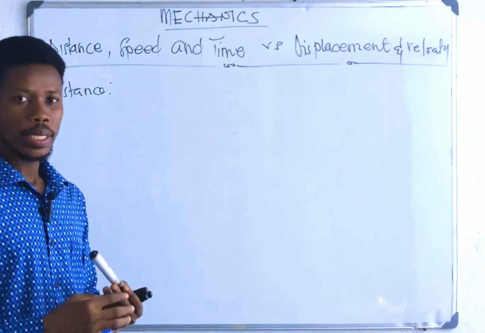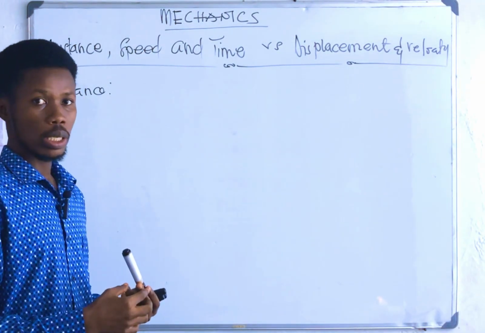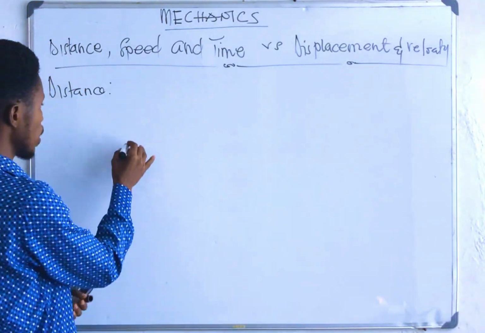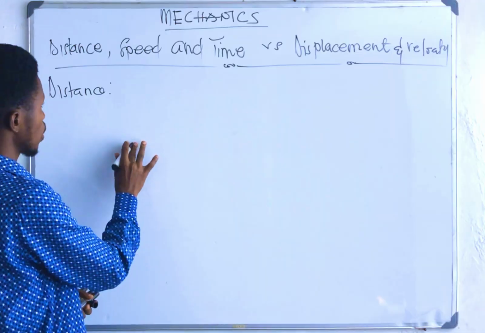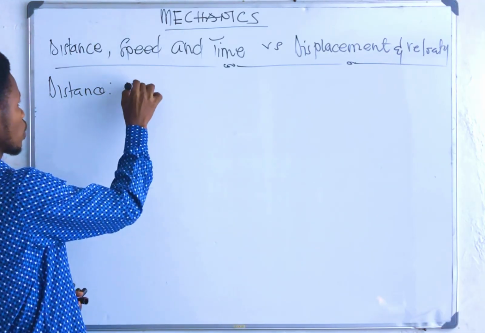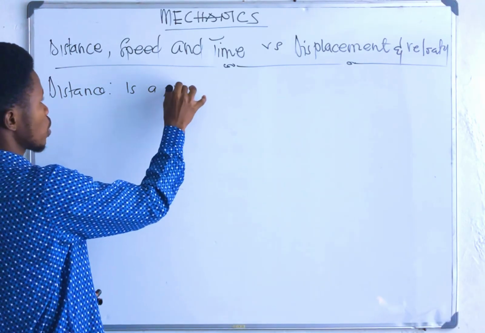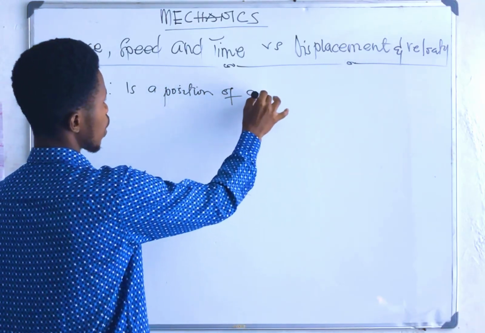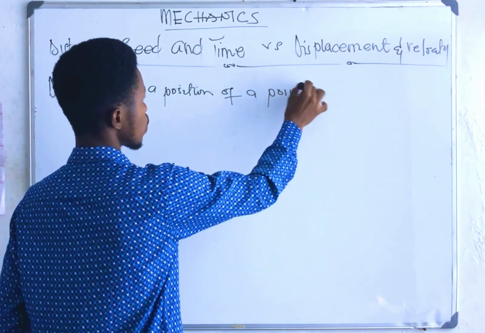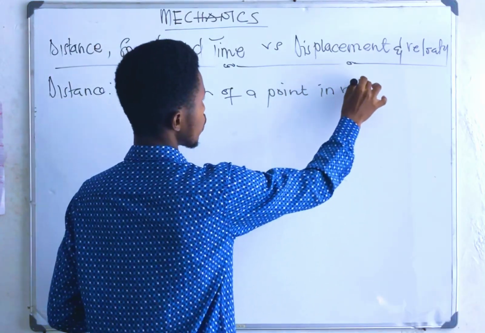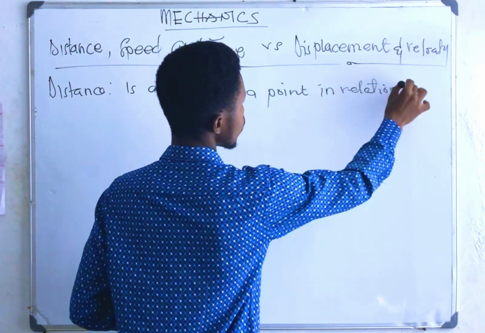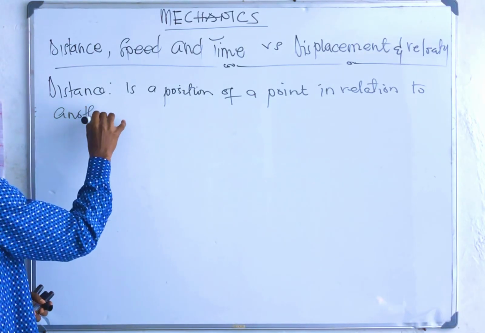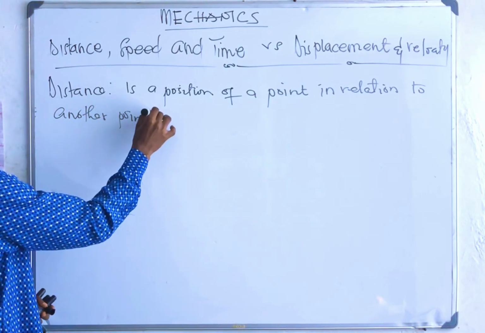We are saying that distance is the position of a point in relation to another point. Let me give you the definition. You say a distance is a position of a point in relation to another point. Full stop.